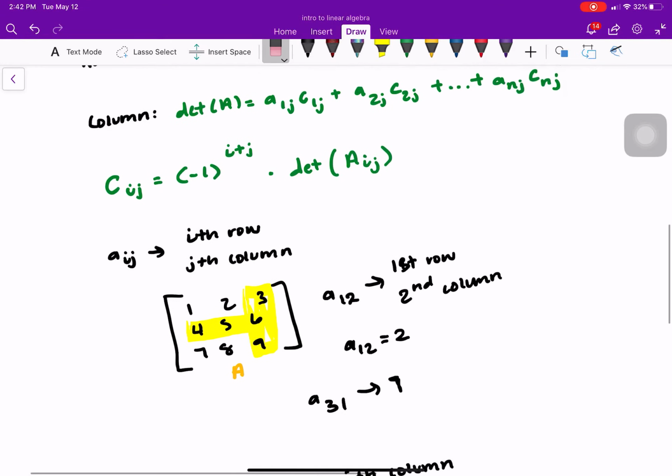Since C_ij is (-1)^(i+j), when i+j is even, this is going to be +1. When i+j is odd, this is going to be -1.